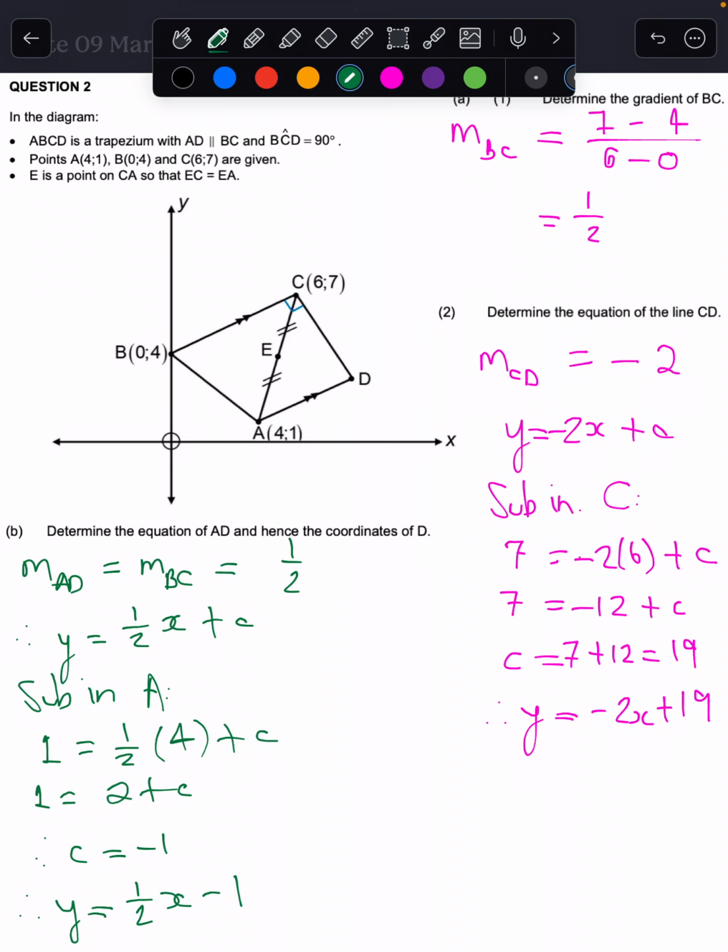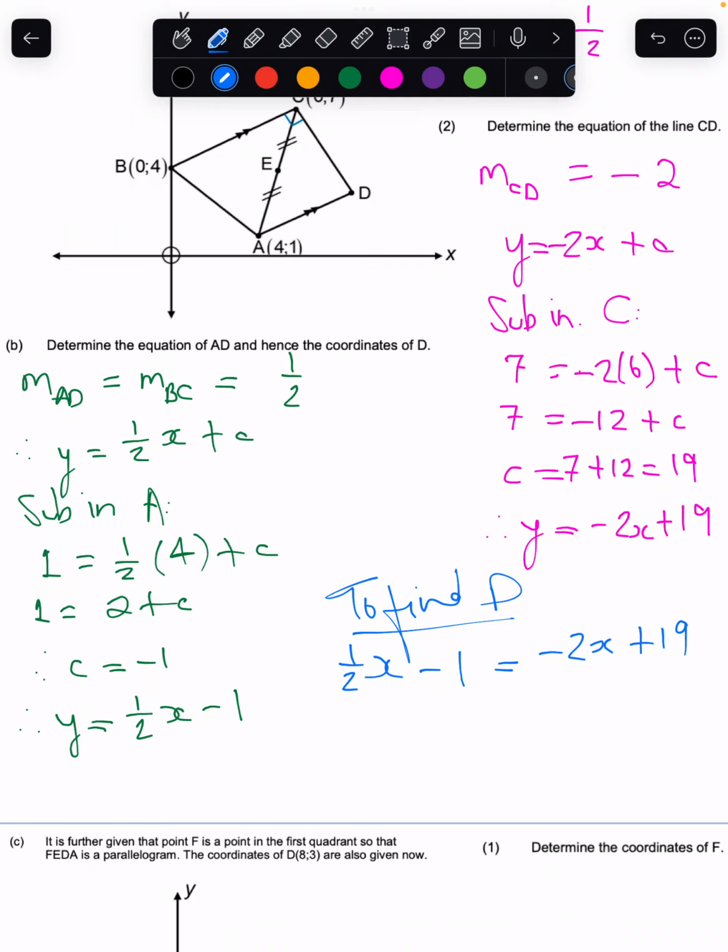And then the way that we can find the coordinates of D is by using the fact that D lies on this line and lies on this line. So we need to find the point of intersection between the two lines. So to find D, we ask, when will this expression equal this expression?